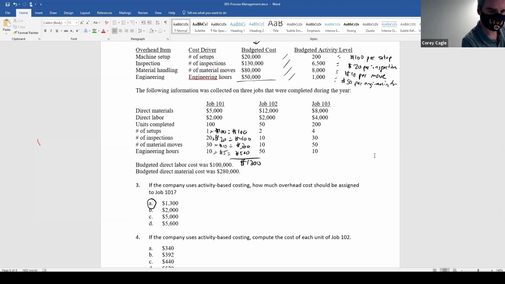Setups, 200, inspections, 200 material moves, 100, so 25 and 6, 3,000 total to the job itself.